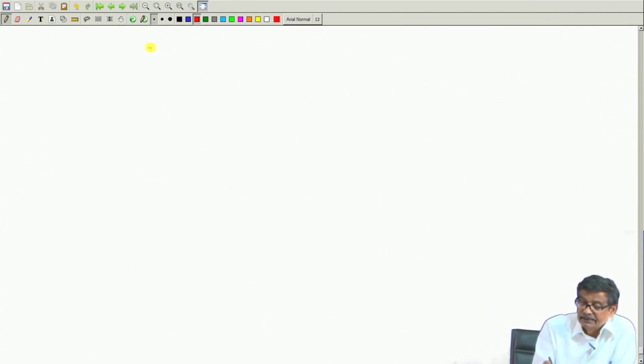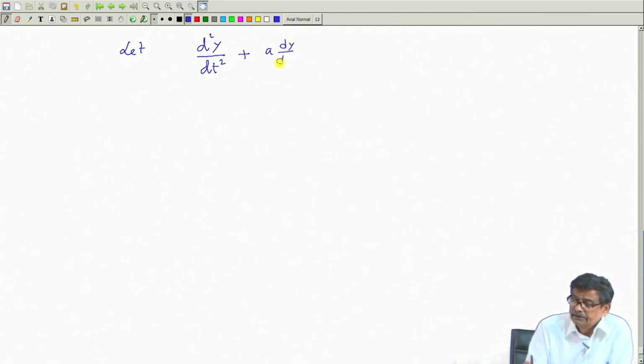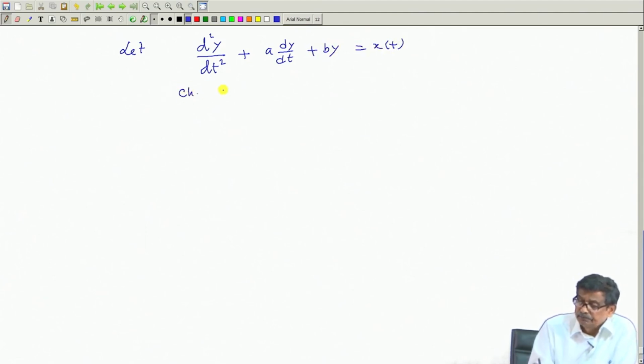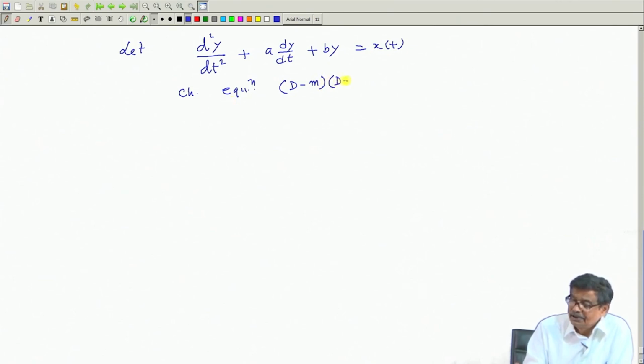Suppose I say let the same differential equation d squared y by d t squared plus a dy dt plus b y is equal to x t be given, but the characteristic equation comes out, for suitable a, b values, to be d minus m into d minus m into y is equal to x t.